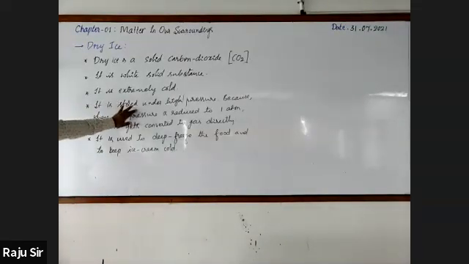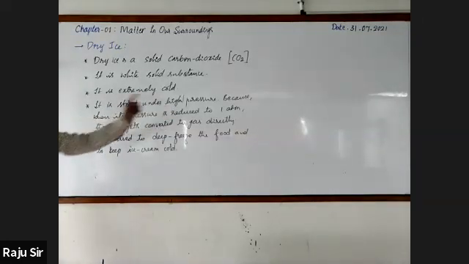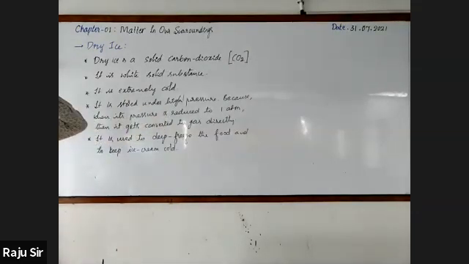Next, it is stored under high pressure because when its pressure is reduced to 1 atmosphere, then it gets converted to gas directly without melting. It is used to deep freeze the food and to keep ice cream cold.